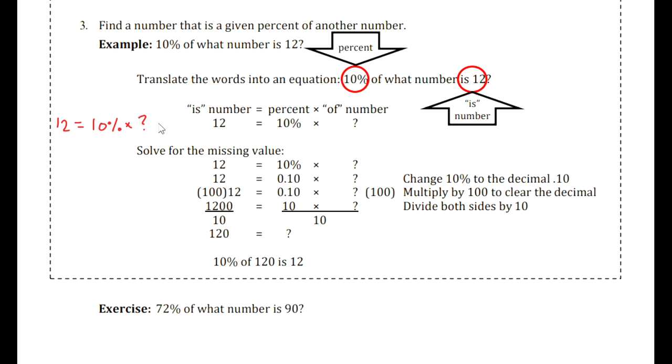Then we need to change the 10% to decimal form, so we'll move that decimal 2 units to the left. That gives us 0.1 or 0.10 times the unknown. Then we'll divide both sides by 0.1.